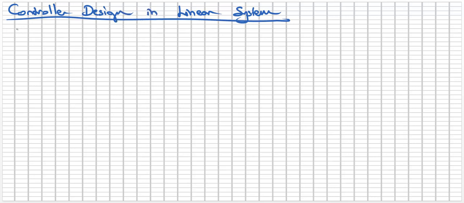Firstly, let the system be in here: x dot is equal to minus a times x plus b times u, okay?